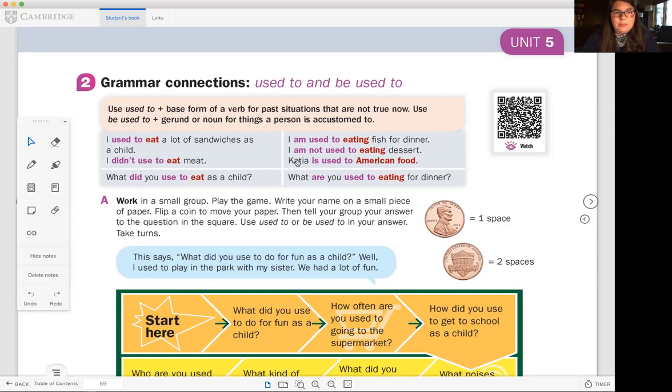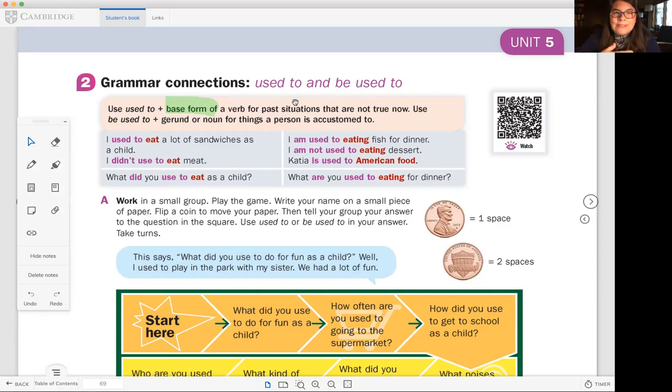So I'm just going to explain this to you here. It says use used to plus the base form of a verb. Base form is something like do, go, see. So used to do, used to go, used to eat. This is for past situations that are not true now.